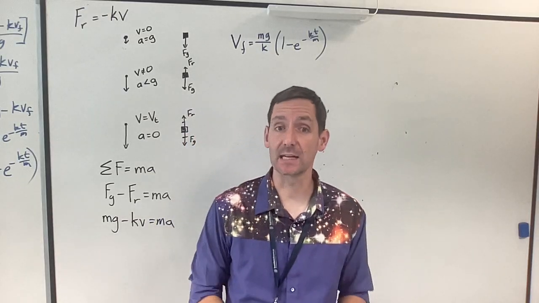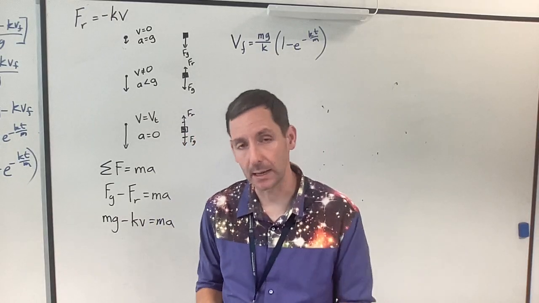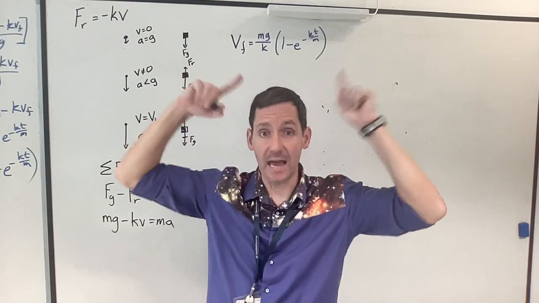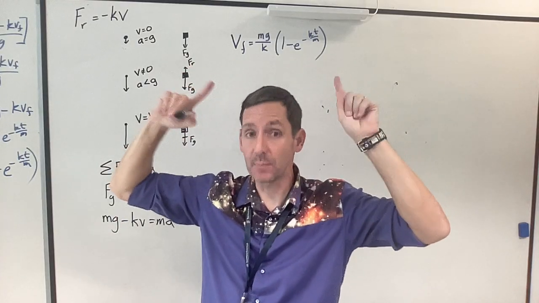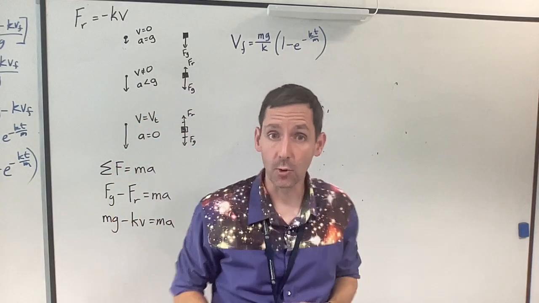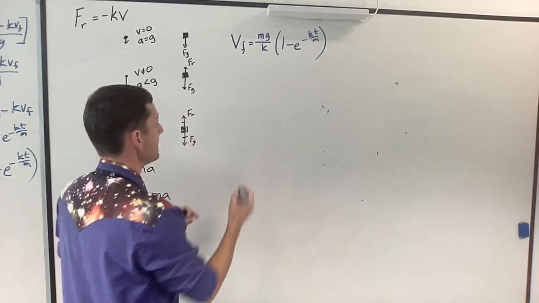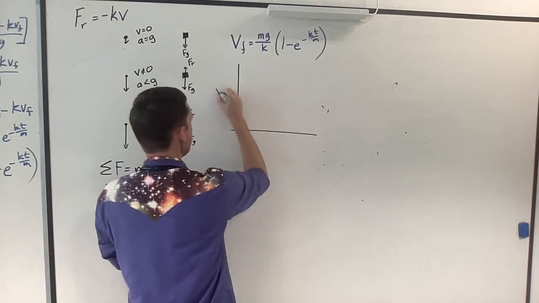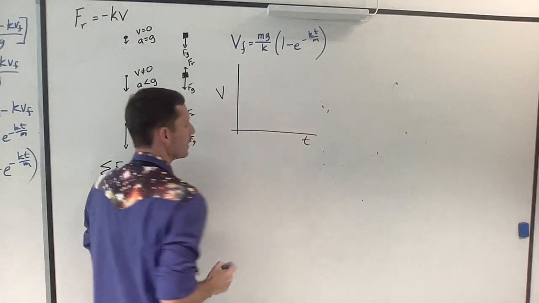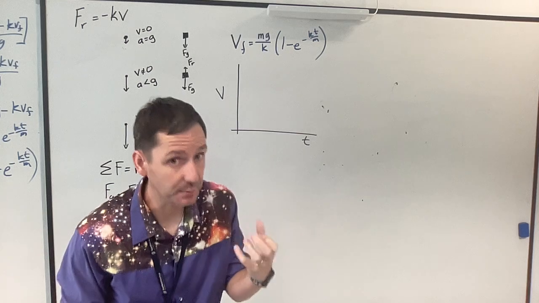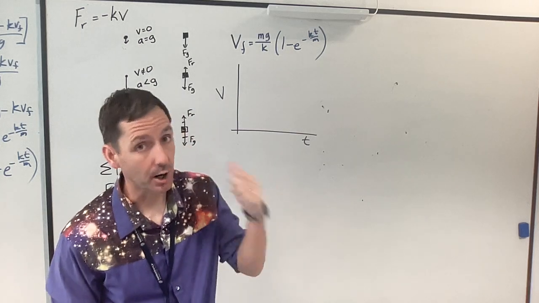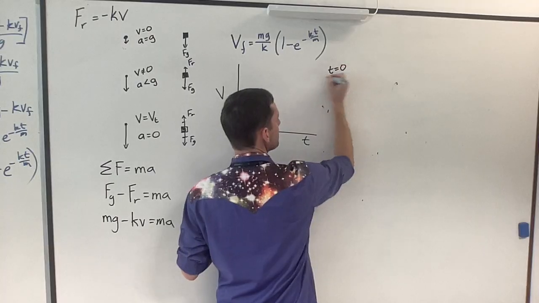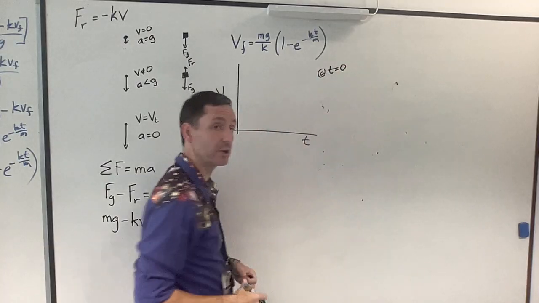Now, from here, what do we expect you to be able to do? Well, the first thing that I expect you to be able to do is draw a graph using this function and your knowledge of limits to get to a graph of v versus t. So let's start with that. So I've got v and I've got t. So the two things that I want you to be able to think about and to do are, number one, what happens when t equals 0? Okay, so we're looking at the limits.